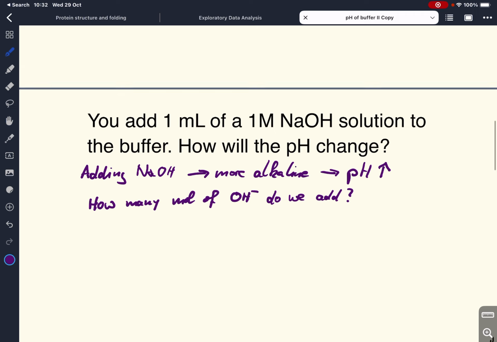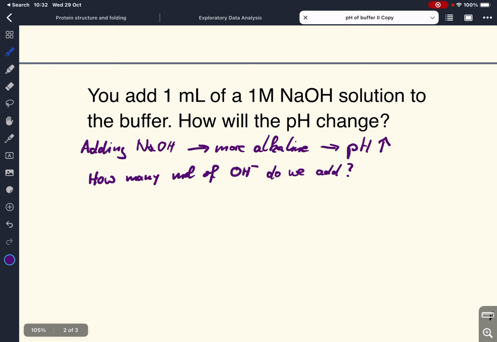And we can calculate that quite easily. We can say the mole of OH minus. We have a 1 molar solution, so that is 1 mole per liter.